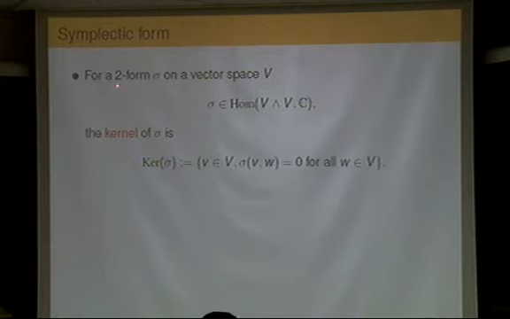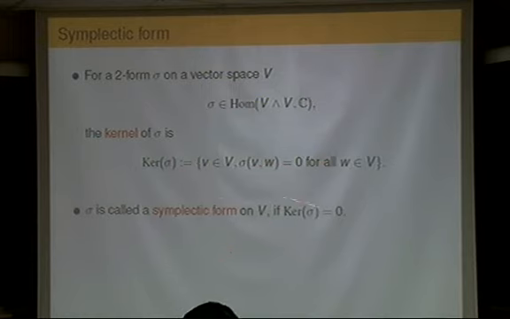A symplectic form just means a two-form, namely an alternating antisymmetric form, on a vector space V. We say that the kernel of this two-form is defined as those vectors where it is degenerate. Such a two-form is called a symplectic form if the kernel is 0. So if it's a non-degenerate two-form, then we say it's a symplectic form.